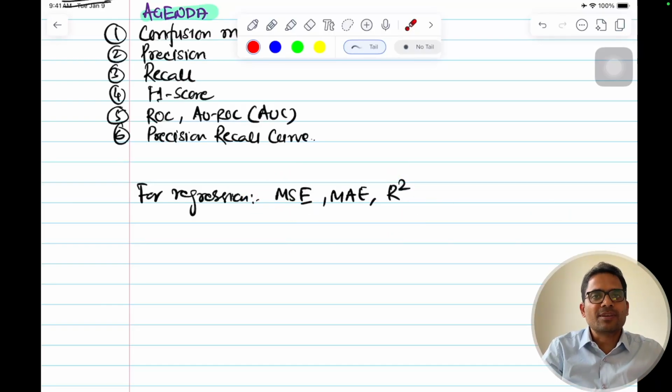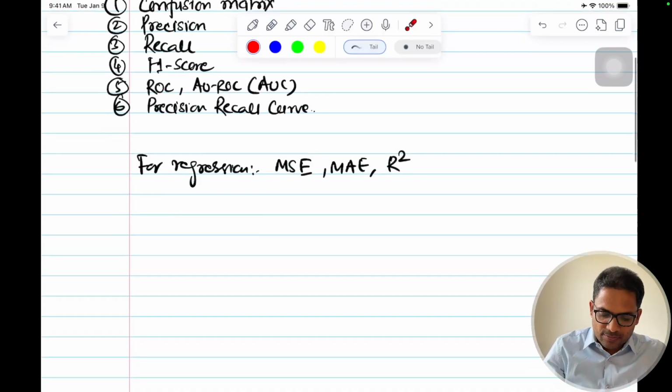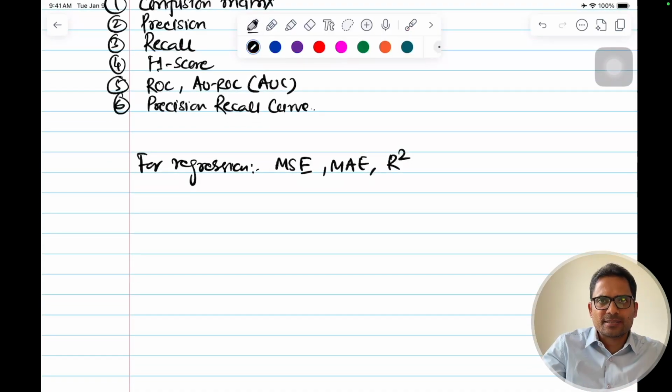But what to do when we have classification kind of problems? Binary classification or multi-class classification. Binary means success, failure, yes, no, male, female, duplicate or real, something of that sort. There can also be multiple classes.